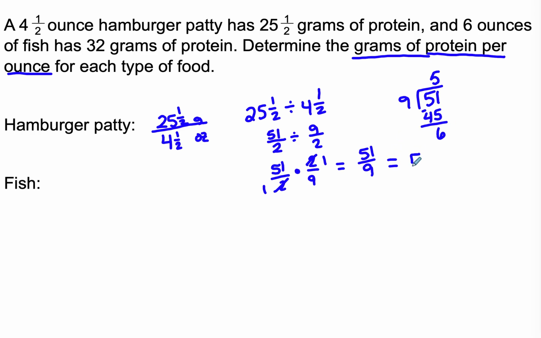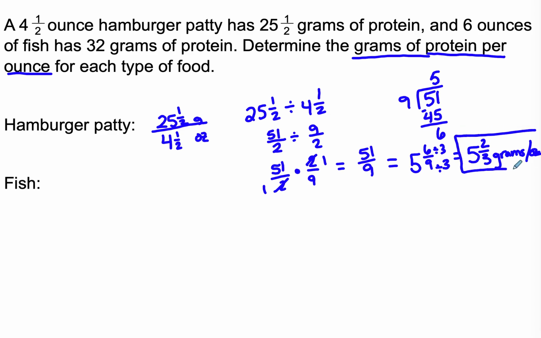So I've got 5 and 6 ninths. Still not fully simplified because I can divide those by 3. So fully simplified is going to be 5 and 2/3 grams per ounce.